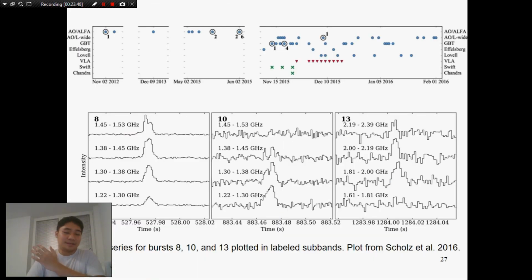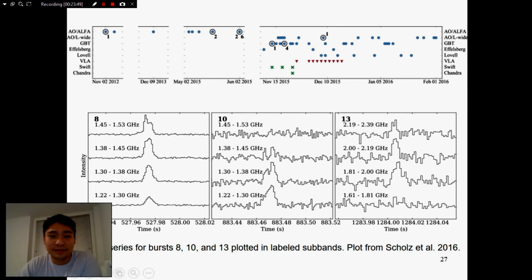This is the plot. The upper one shows the detection of the FRBs. The solid circle shows the FRB, and you can see that not all of them are detected. Only a few of them, and all of them were detected in radio.